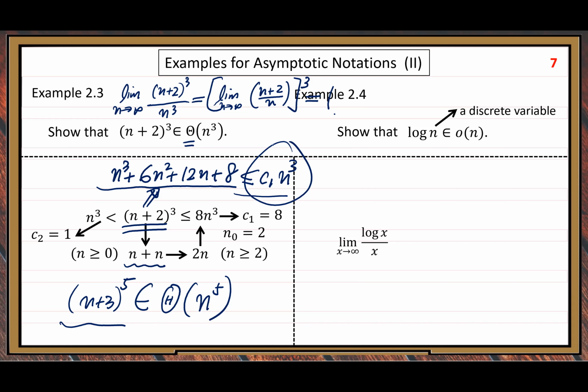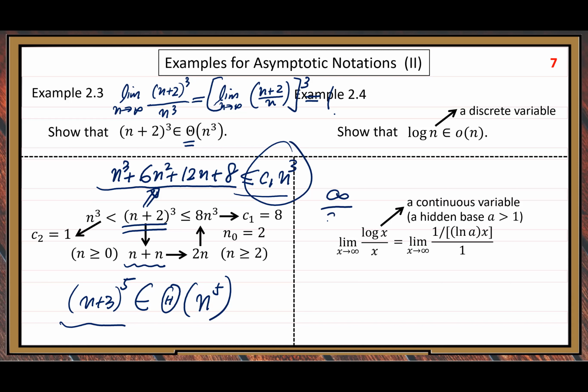Assume the base a is greater than 1. I didn't write it, but actually it's an infinity over infinity indeterminate form. So we check it, then we can apply L'Hopital's rule.